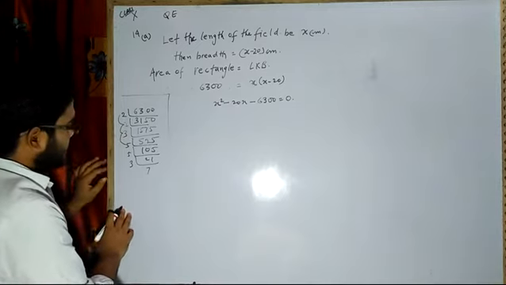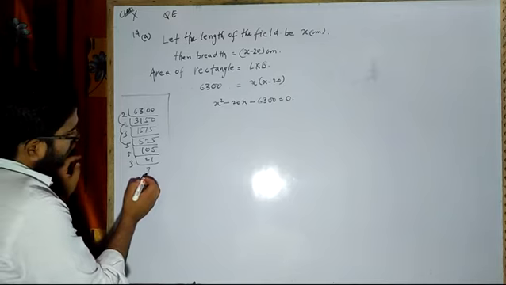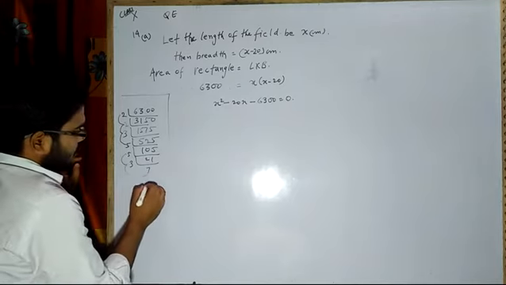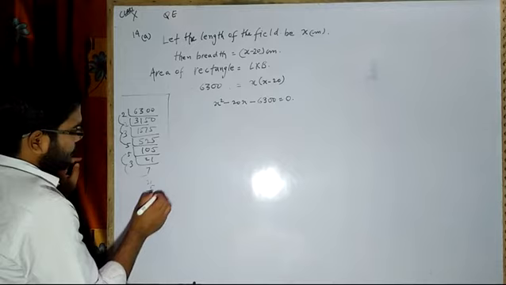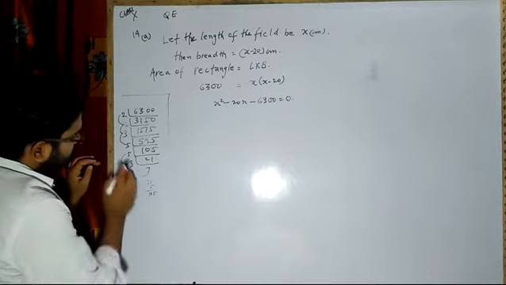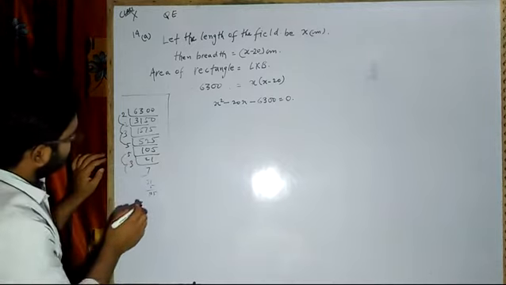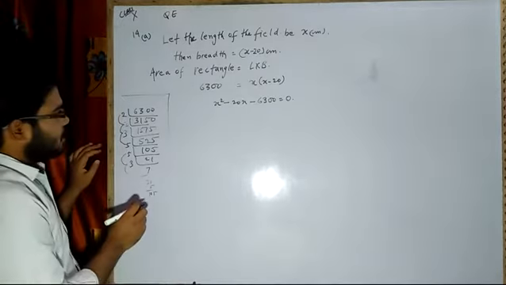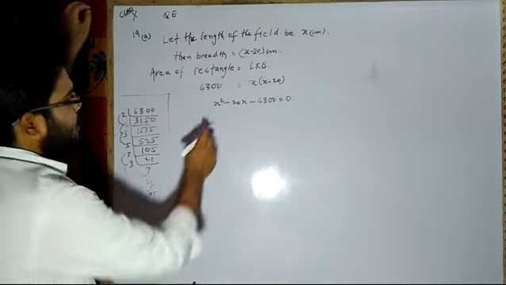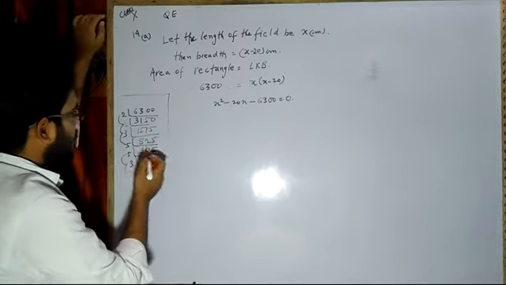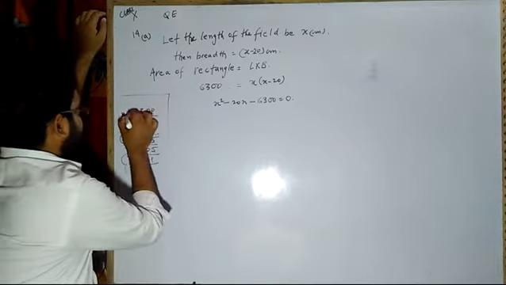So I won't get it. Now 7 3s are 21, into 5 will be 105, correct? Then 105 into 2 will be 210. So what will be our middle term breaking? It will be like 63, or else take 20.